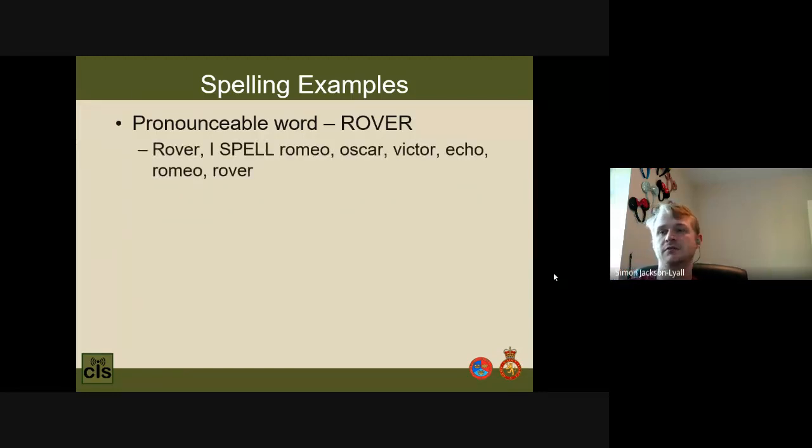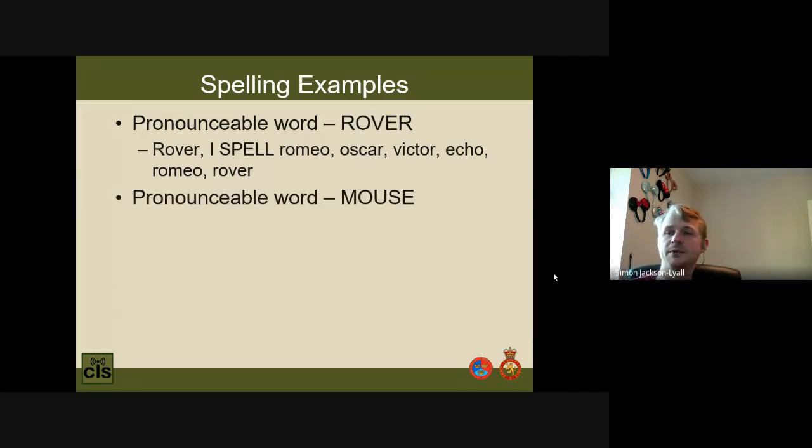I would say rover, I spell Romeo, Oscar, Victor, Echo, Romeo, rover. So you can see how I've said rover first, then I've spelt it, and then I've said rover again. And that clarifies the bit that I'm actually spelling. So that's how we do a pronounceable word.